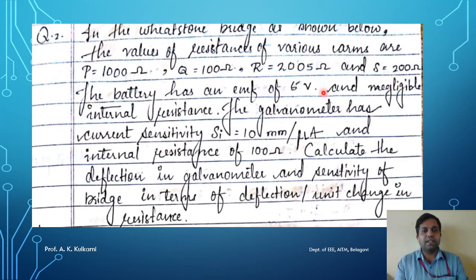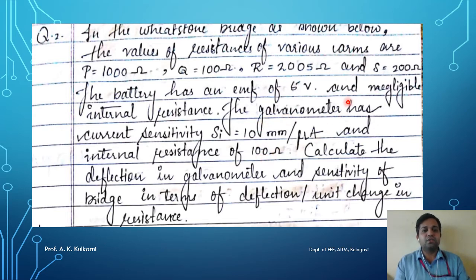Along with that, the battery voltage is also mentioned. The battery voltage is 5 volts, and the galvanometer current sensitivity, represented by SI, is also given, and the galvanometer internal resistance value is also given, which is 100 ohm.